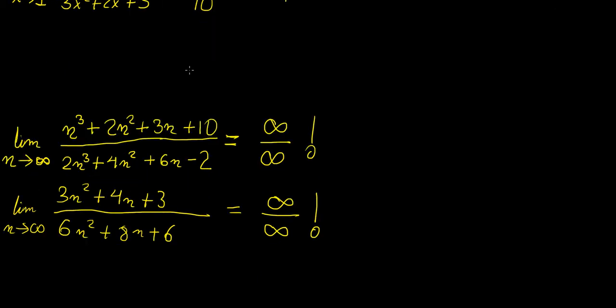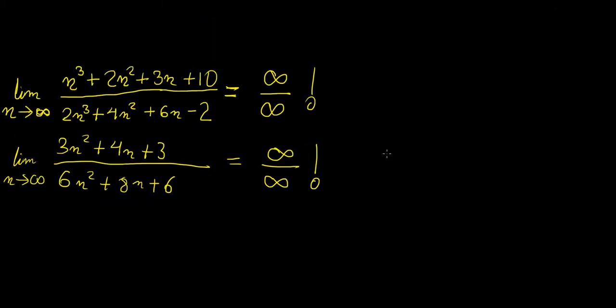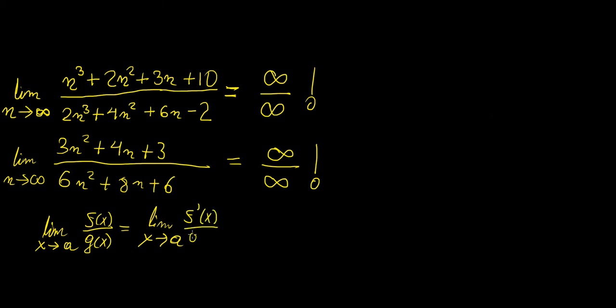Well, it turns out that if we think about the actual implications of L'Hopital's rule, and I'm going to write this down here because it's a very, very important result. The limit as x approaches some value a of some function, say f of x divided by g of x, if you get something undefined, it's going to be the same as the limit as x goes to a of f prime x over g prime x.